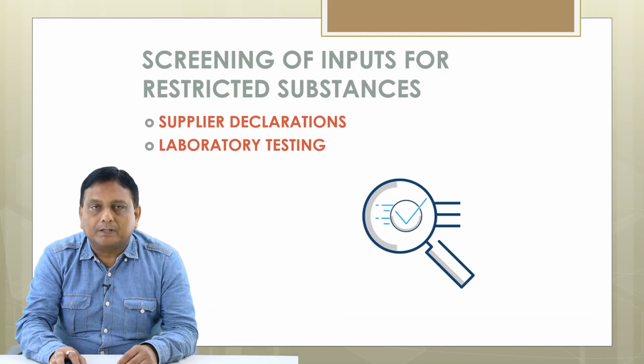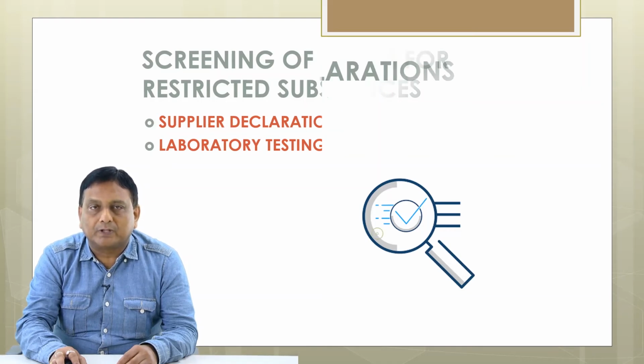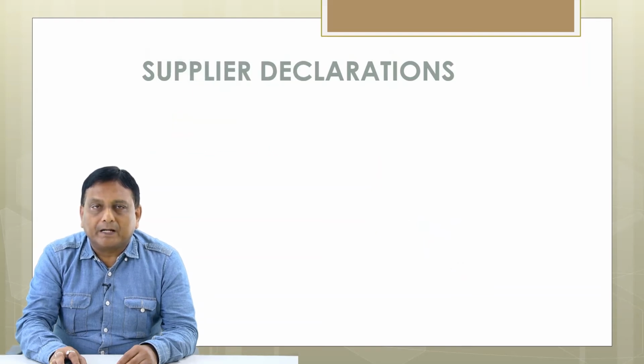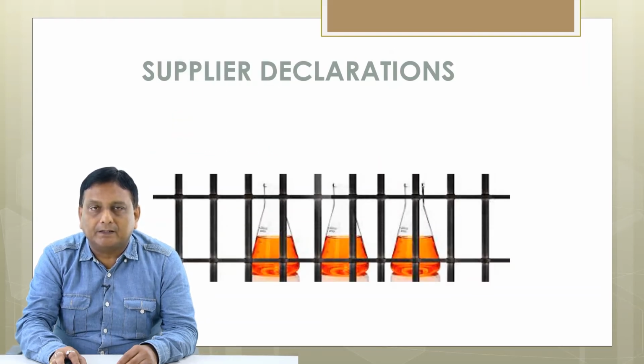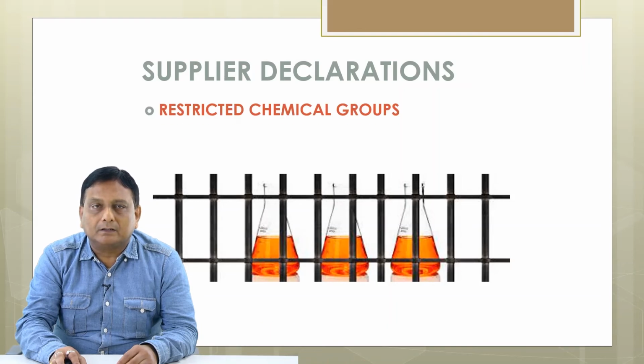The second important point is that whatever chemicals are coming into the factory, or after the application method, these substances must be tested in a laboratory, and it must be a recognized third party testing laboratory. And then the supplier declaration, as we are saying, is very important: the different chemical groups which are restricted should not be present in that particular chemical.